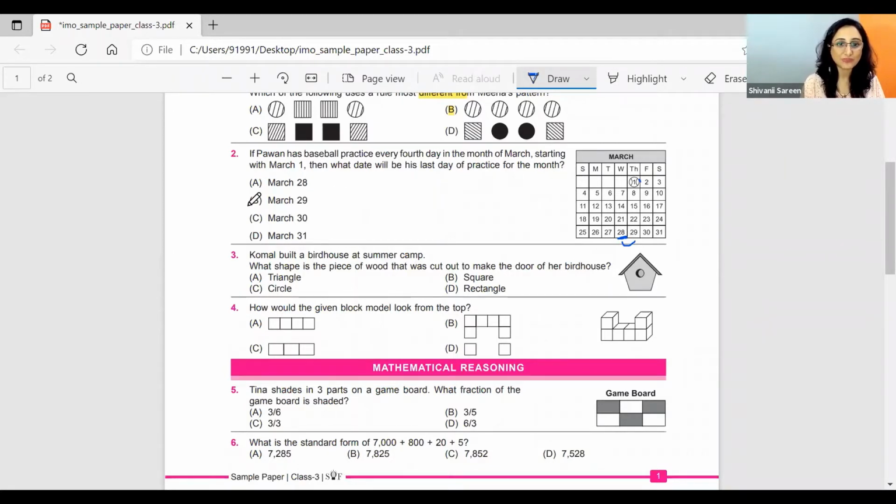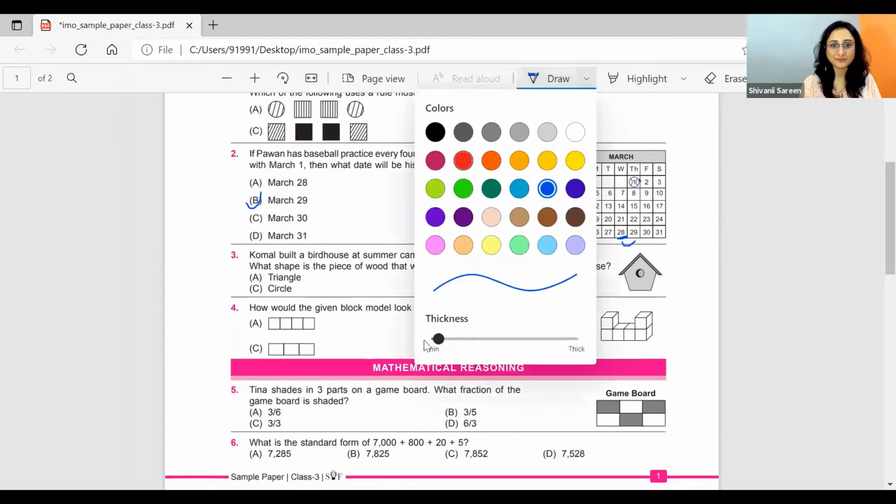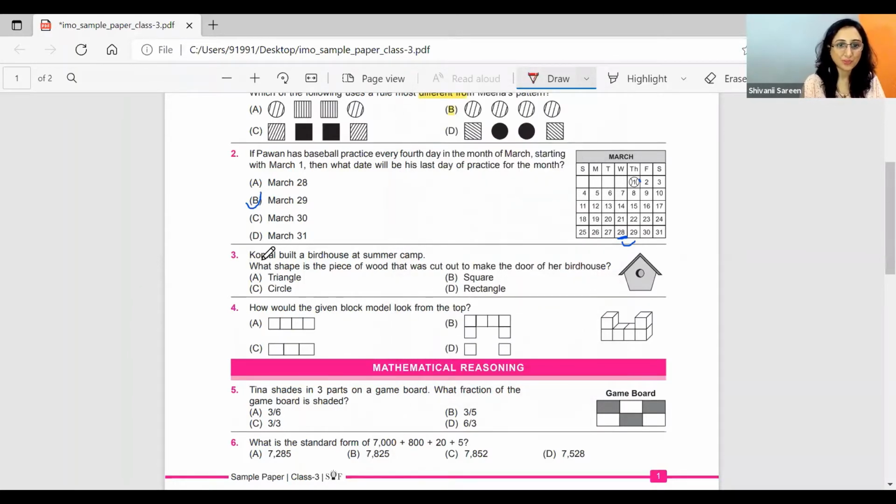So the correct option is B, March 29. Next question. So the correct option would be B, March 29.